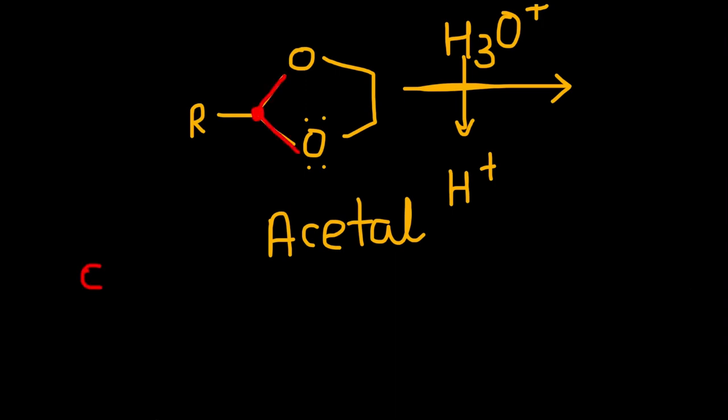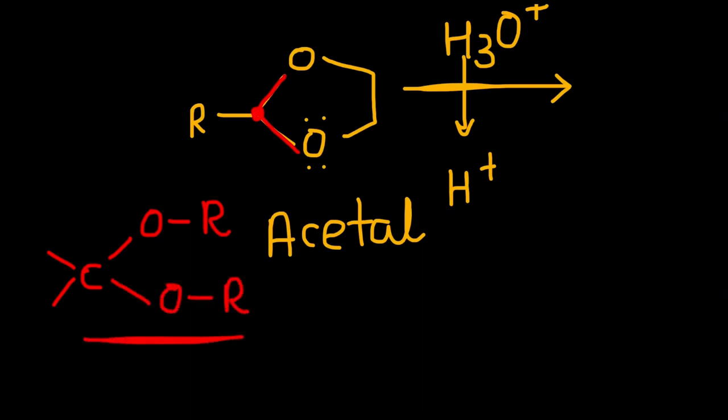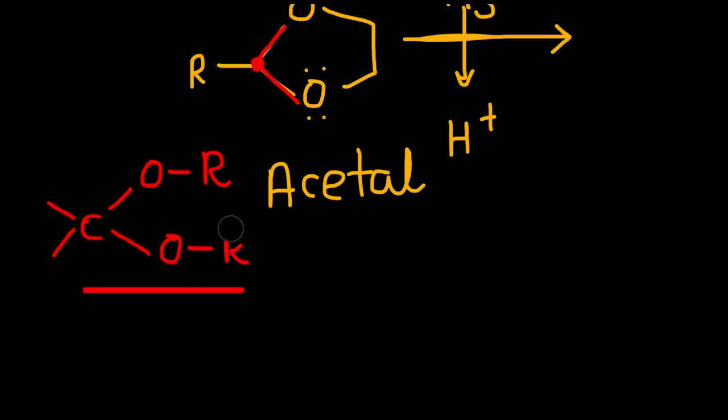Acetal means carbon is attached with two ether groups, and that's called acetal. If one OH group and one ether group are connected with the same carbon, it is called hemiacetal.